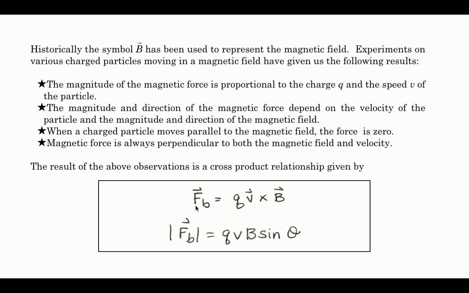It says that the magnetic force, F sub B, is equal to the charge of a moving particle times the velocity of that particle, crossed with the magnetic field that it's moving through. The magnitude is given by QvB sine theta, and these two formulas give us the definition of the magnetic force when a particle is moving through a magnetic field.